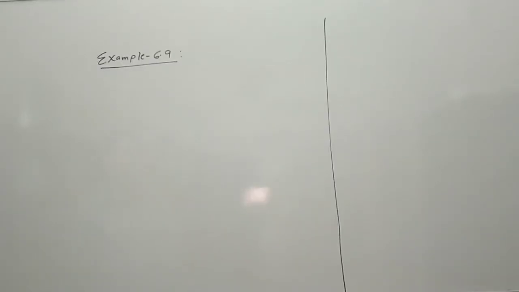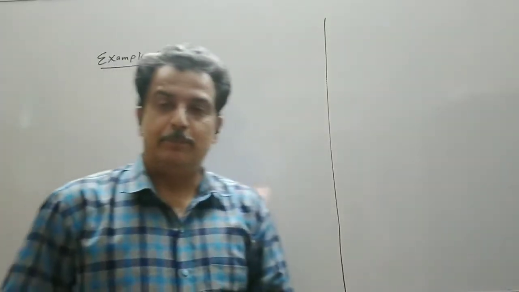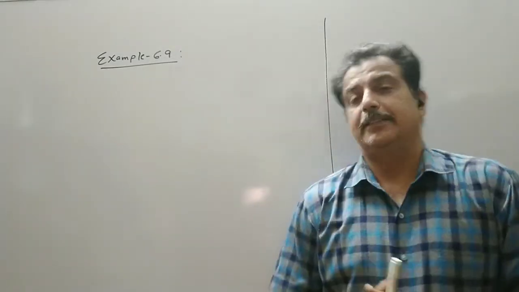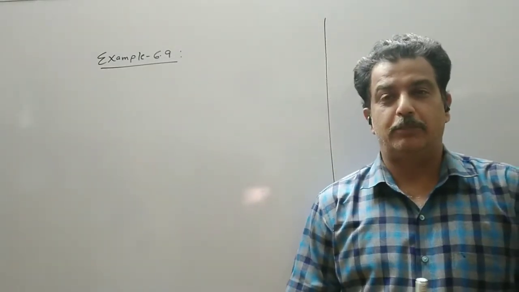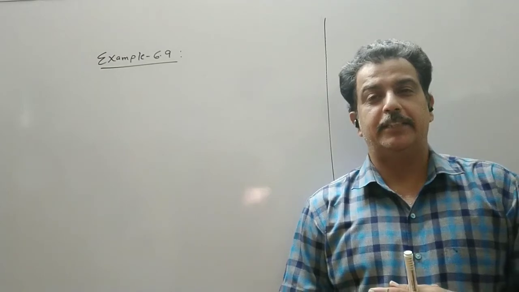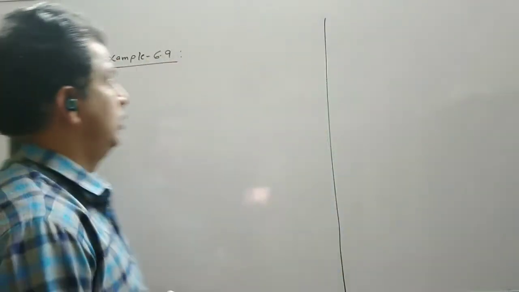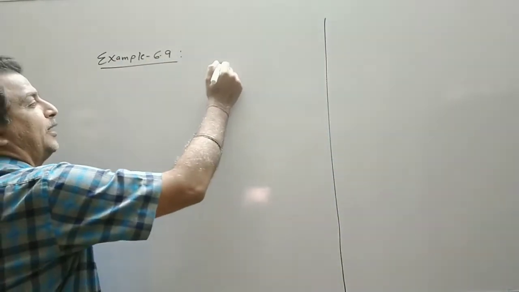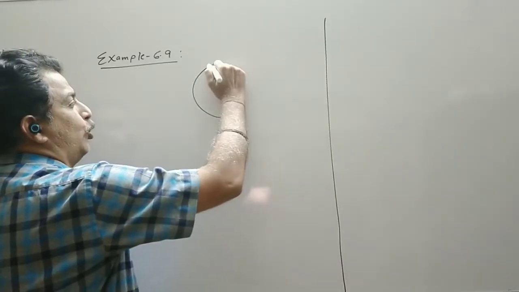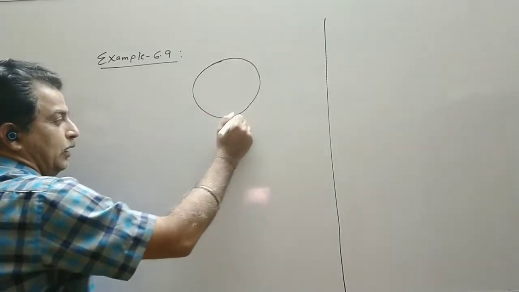Now let us see example 6.9. In example 6.9, we have a system of two coils having radii R1 and R2. You have to find the mutual inductance of the system of two coils. So again we have two coils.